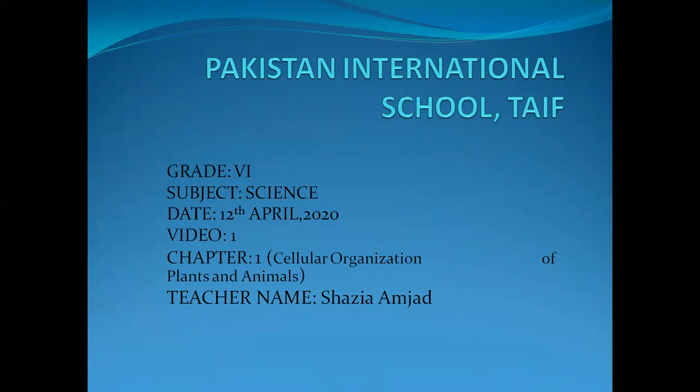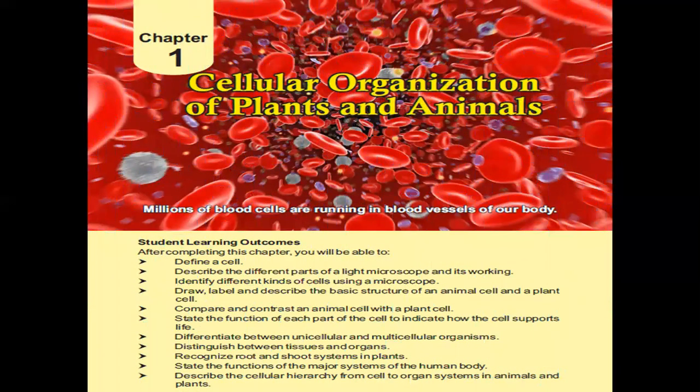We'll start chapter number 1. Chapter number 1 of Science of Grade 6 is about cellular organizations of plants and animals.